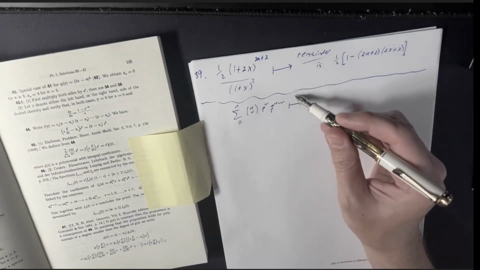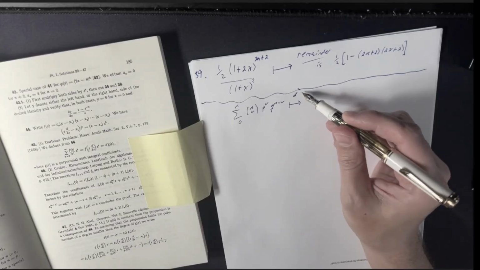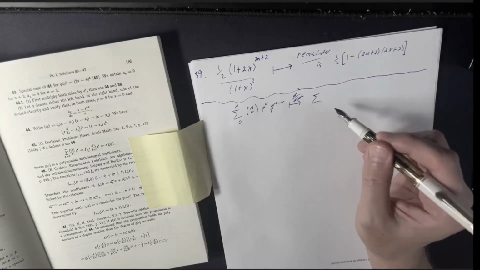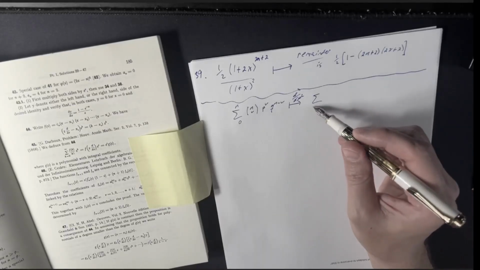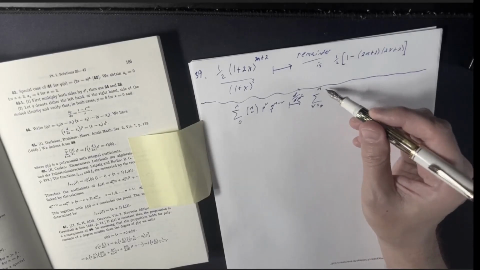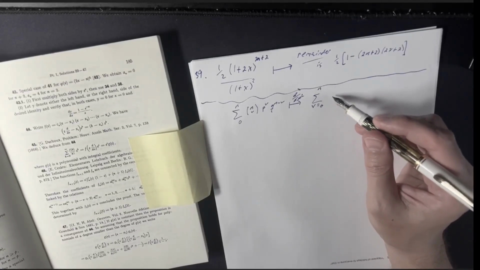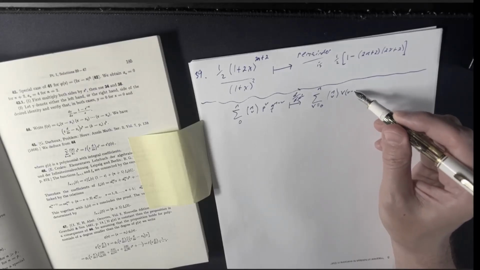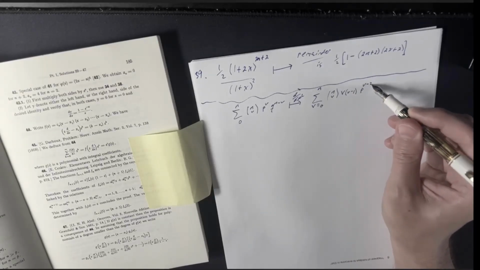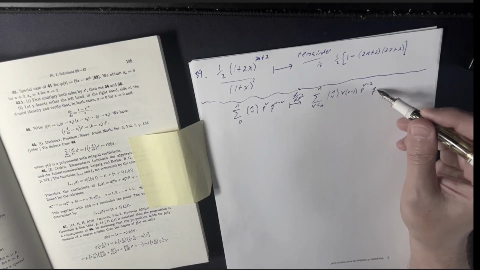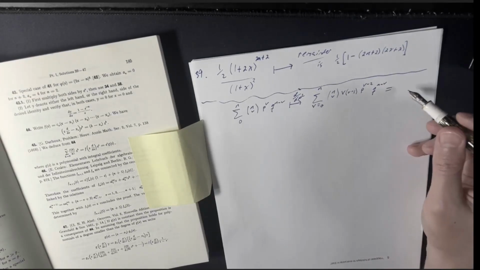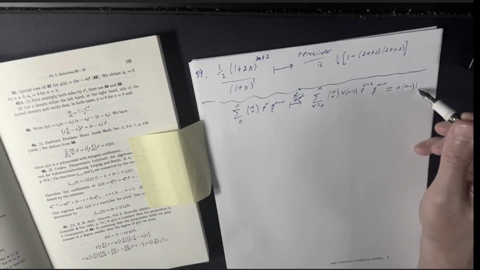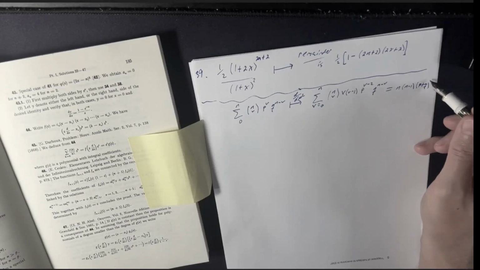If we differentiate twice, I guess it's still 0 to n, but you get v times v minus 1, right? P to the v minus 2, q n minus v. And on the right hand side you get like n times n minus 1 times p plus q to the n minus 2.